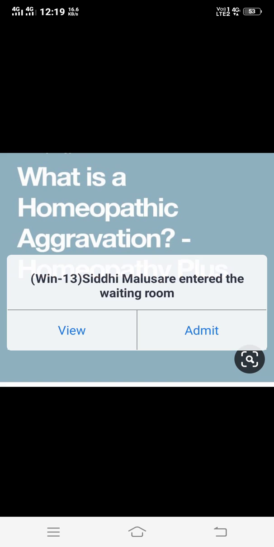That is, when you give the medicine in a slightly higher potency, it may produce a homeopathic aggravation in the patient to remove the natural weaker disease condition. Then there is aggravation in the light of the Organon, that is, the different points given in the Organon of Medicine.